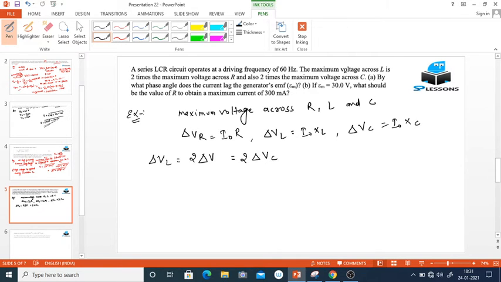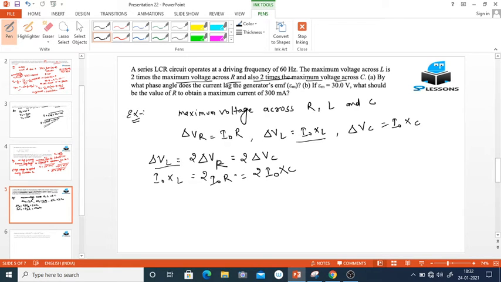In the question the maximum voltage across L is 2 times the maximum voltage across resistance and also 2 times the maximum voltage across C. So I naught XL equals 2 times I naught R, which equals 2 times I naught XC.